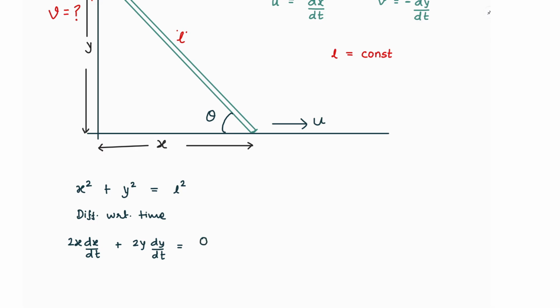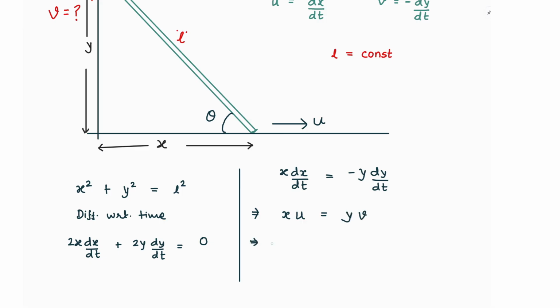L is not changing with time. From this expression we can write that x times dx by dt is equal to minus y times dy by dt, where dy by dt is the velocity v which we are looking for, with a negative sign, and dx by dt is u. So x times u is equal to y times v.